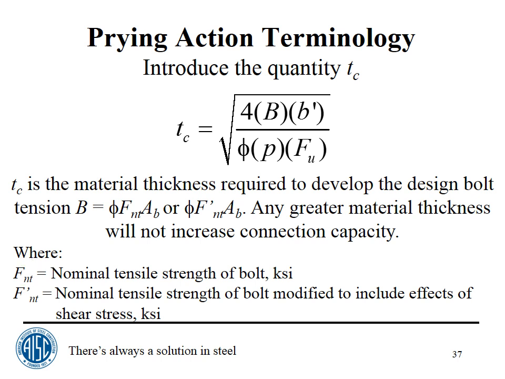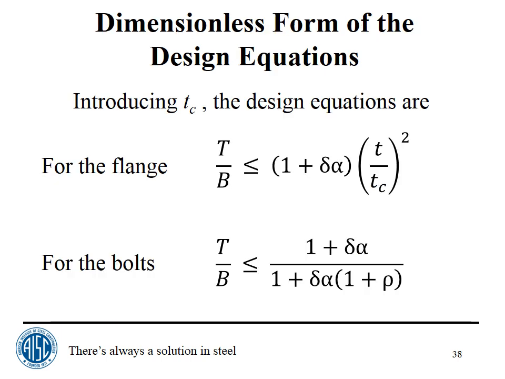I've already said this: F nt is the nominal tensile strength of the bolt, and F prime nt is the nominal tensile strength of the bolt modified because of the possibility of shear stress. So if we now take the equilibrium equations with the limit states and non-dimensionalize them using the T sub c factor as defined on a previous slide, you come up with these two inequalities.